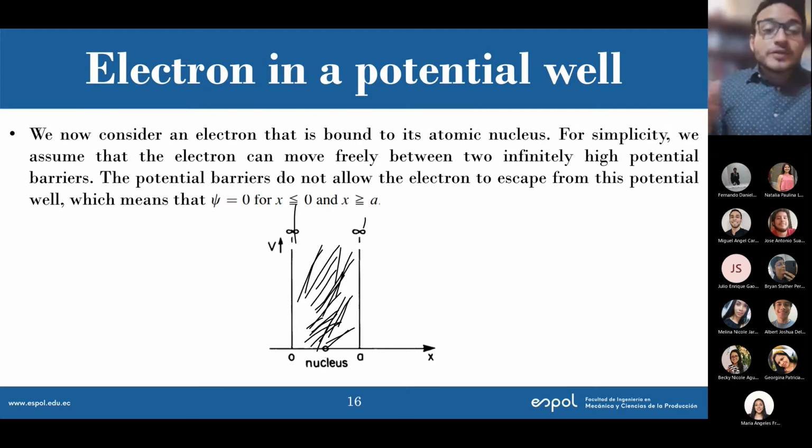So I have two blocks that restrict the movement of the electron only to that space within the barriers. The electron is not allowed to escape from this potential well, from this space.